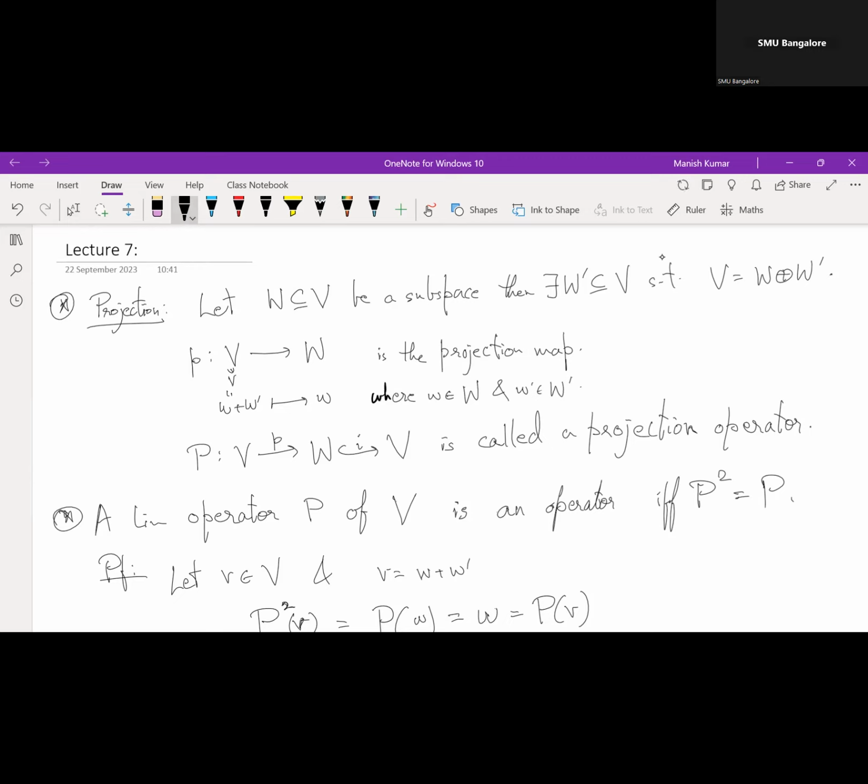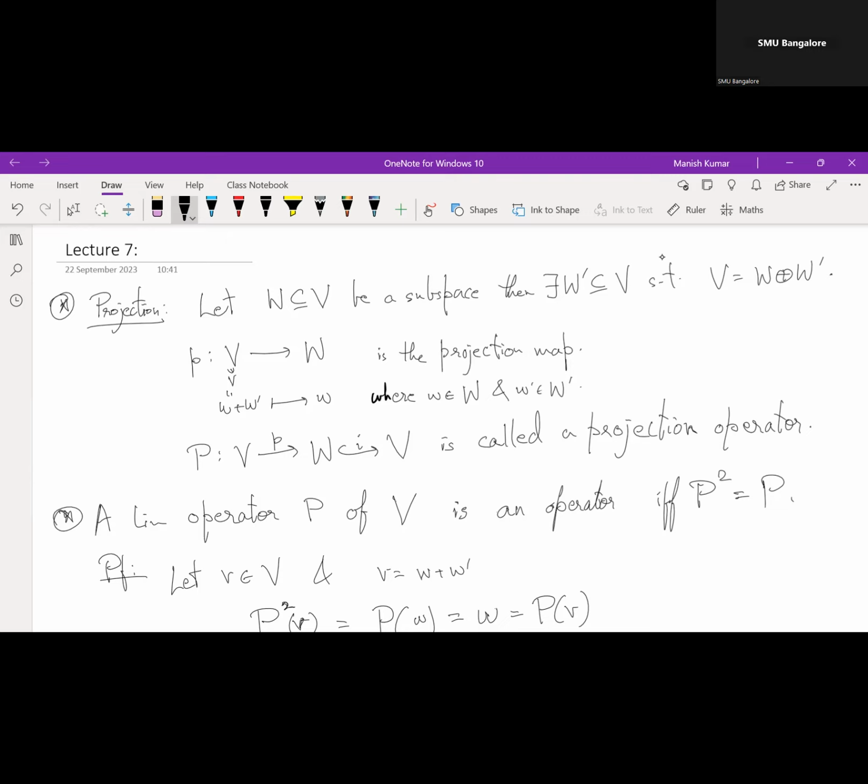There is another way of defining a projection operator, which is to say you take an endomorphism or linear operator P of V such that P square is P. Then it is again a projection operator. We'll see that both these definitions are equivalent.